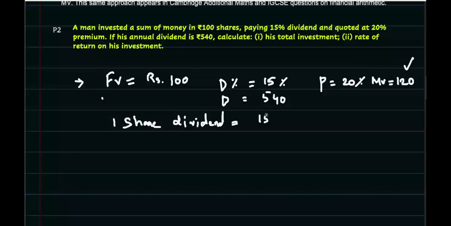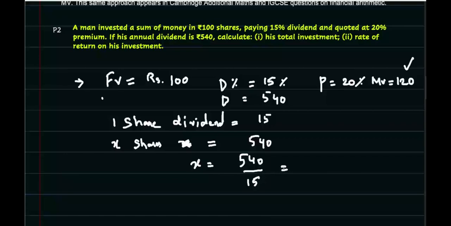For X shares, dividend is 540. So what will be the X? X value will be 540 divided by 15, the total dividend received divided by the dividend per share. So if you divide it, how much you will get? You will get 36. So he has 36 shares. Understood?